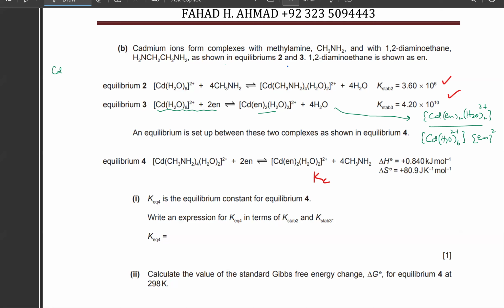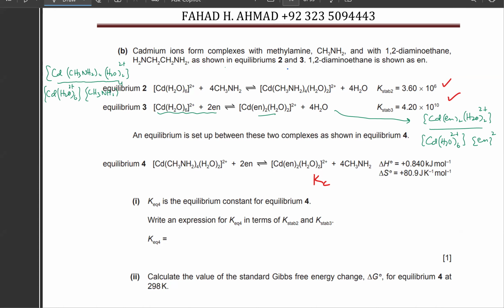It's going to be Cd(CH3NH2)4(H2O)2 2+ concentration, divided by the reactant concentration, which is Cd(H2O)6 2+, and the other one, CH3NH2, and that's to the power 4. Anyways, we've got these two expressions.